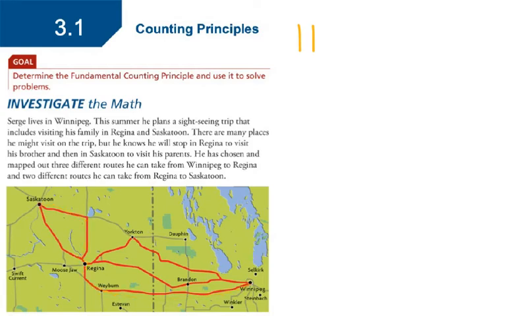We could choose a different method going from Winnipeg to Regina. We can go this way through Brandon, and then up to Saskatoon this way. 3. Likewise, we could do Winnipeg to Regina through Brandon in the middle here, and then straight north and across. There's a 4th way.